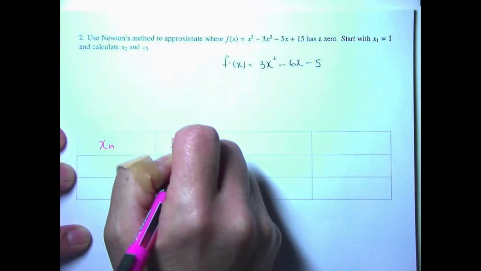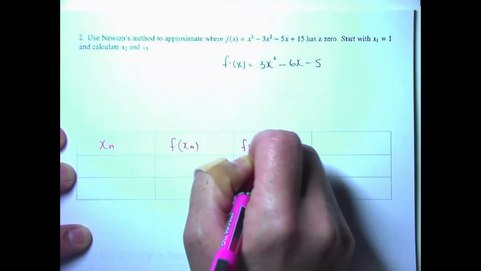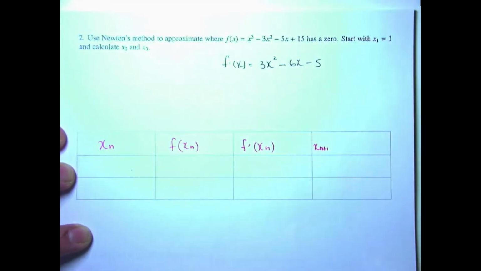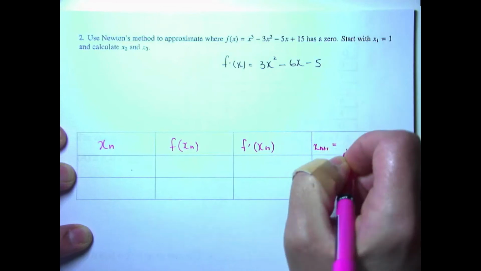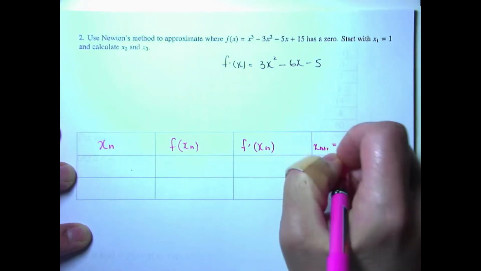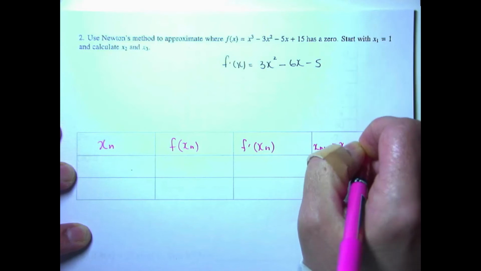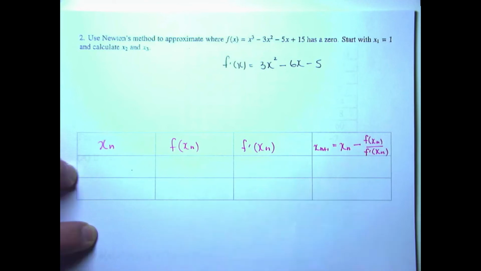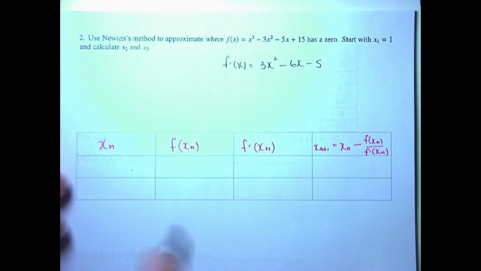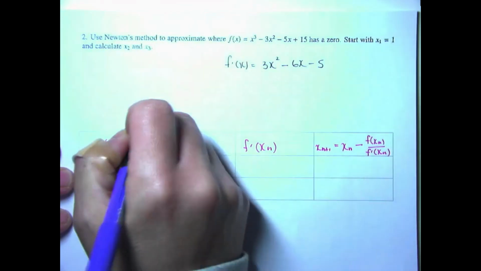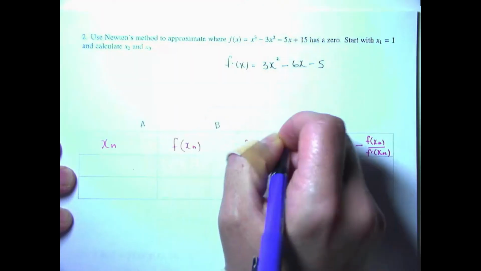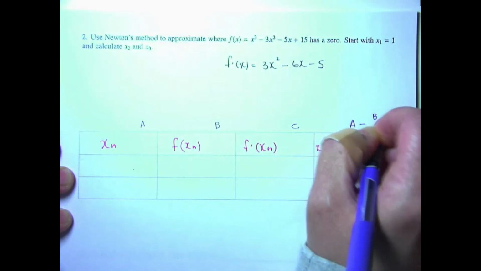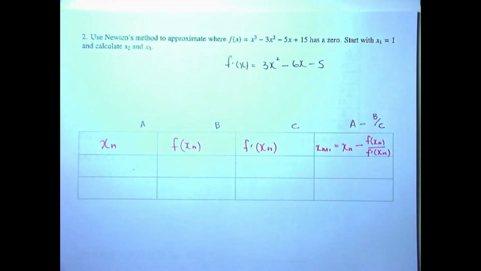This will be my f of x sub n, f prime of x sub n, and then finally x sub n plus 1 will be equal to, according to Newton's method, x sub n minus f of x sub n divided by f prime of x sub n. Or I like to give these columns names: column A, column B, column C, and then this last column will be A minus B over C. All right?